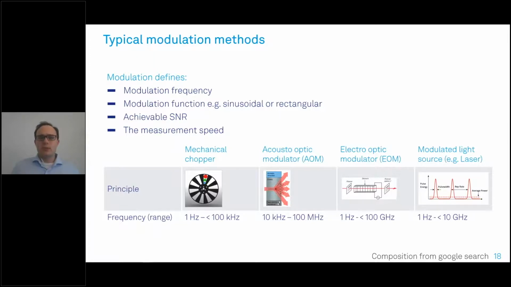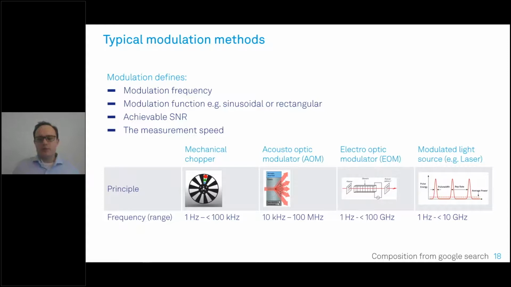For example, a chopper wheel with a nicely matched beam diameter will give you a nice sinusoidal wave. If the beam diameter is much smaller, it will basically give you a rectangular modulation, so you have the fundamental frequency and harmonics on which you could measure as well. Something very similar is true for acoustic optic modulators and electro-optic modulators, where you can use a certain modulation function to modulate your light beam.